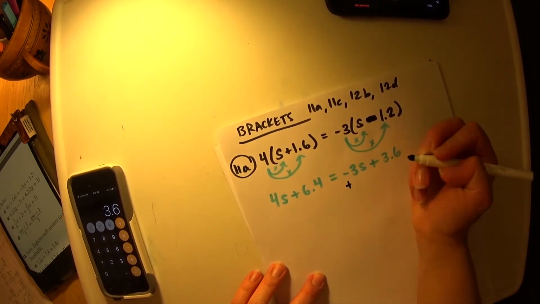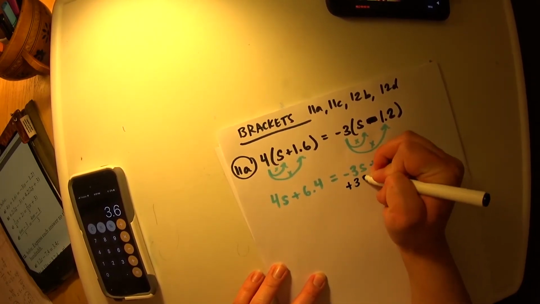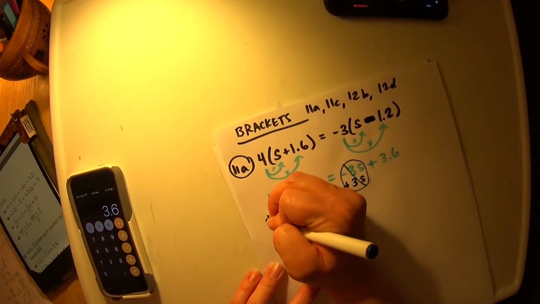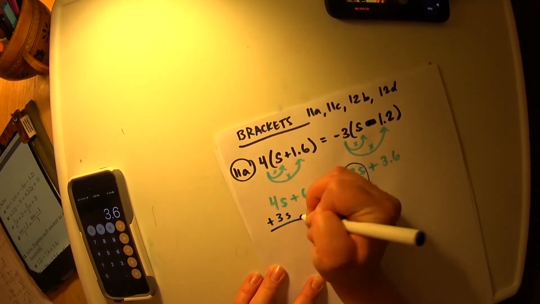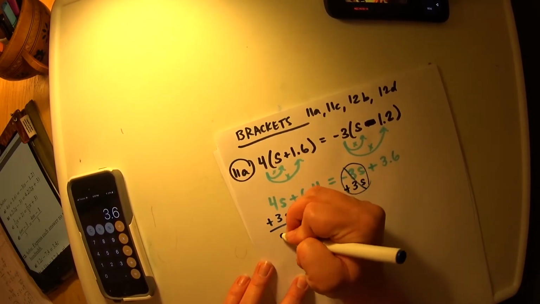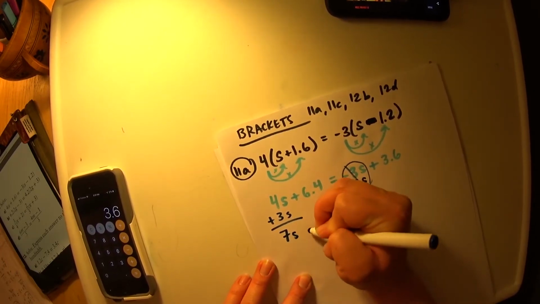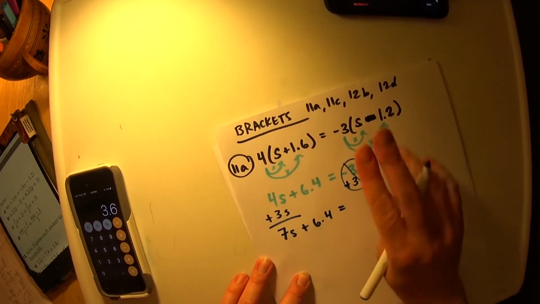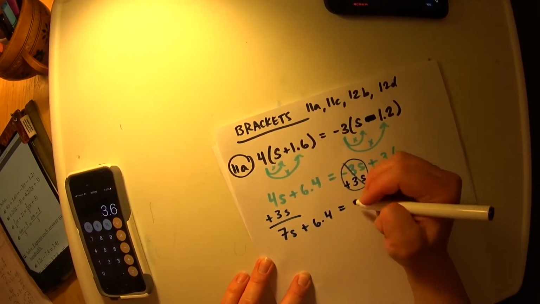So opposite of negative 3s would be plus 3s. So then that's gone. So then I go plus 3s over here. 4 plus 3 gives me 7s plus 6.4 equals, this is gone, that's a positive 3.6.